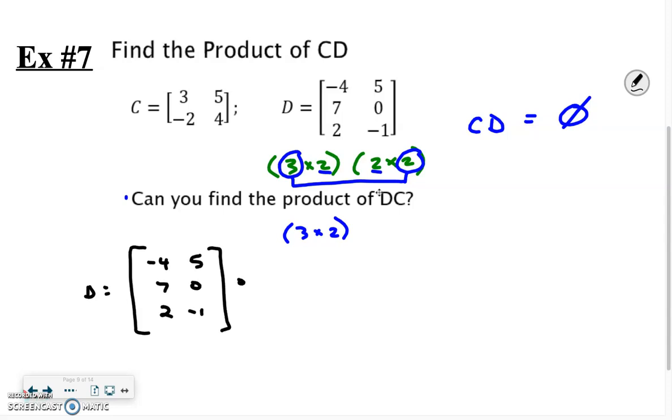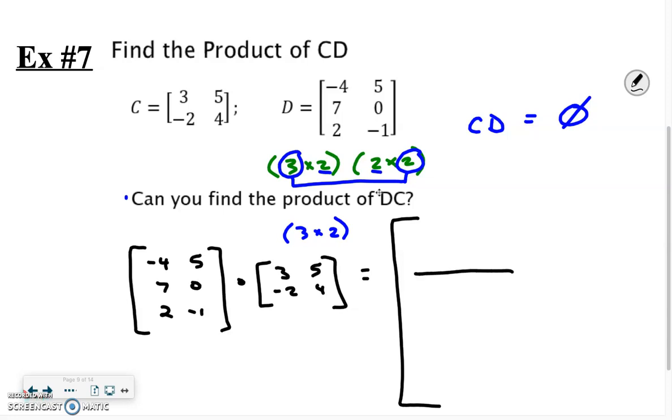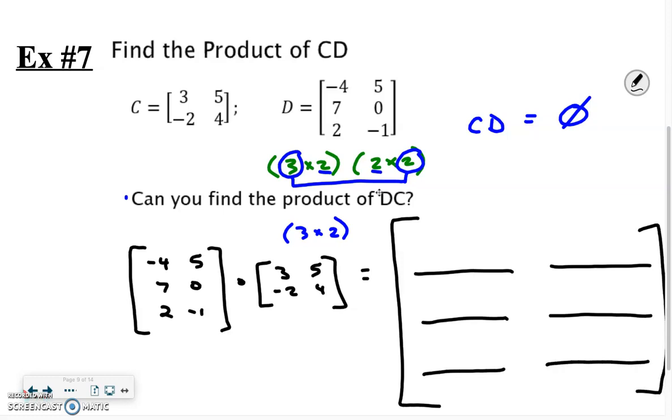We're going to multiply this times matrix C, labeled up top, which is 3, 5, -2, 4. So as we claimed here, we know that we're going to be building a 3 by 2 matrix. So again, my template here, 3 by 2, 3 rows by 2 columns. We're going to be looking to build something of this nature.